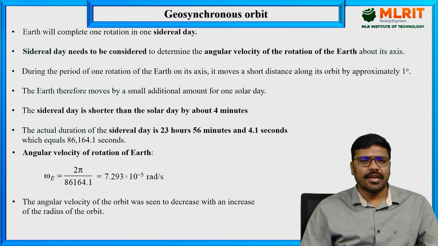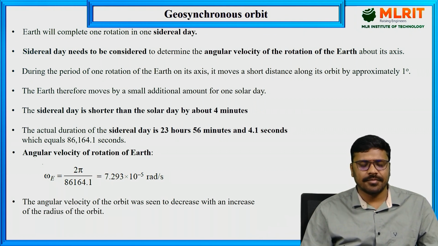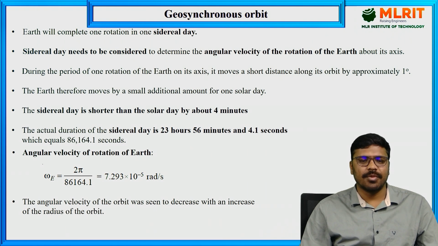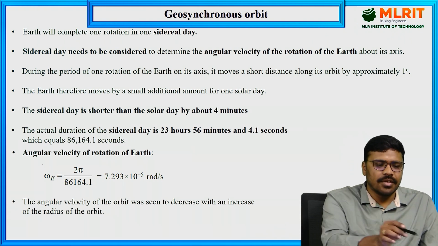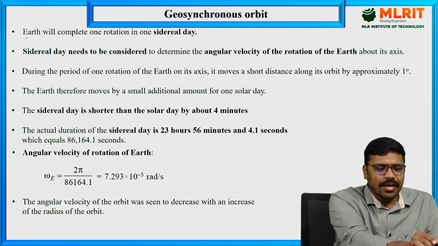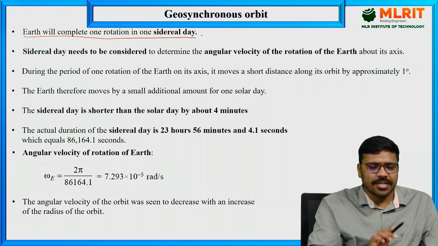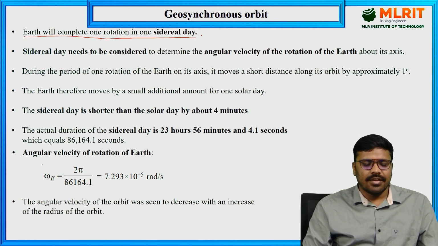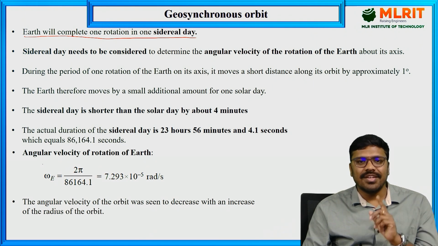How do we calculate the angular velocity that needs to be maintained in a geosynchronous orbit, and what is the altitude of the geosynchronous orbit? Let us discuss now. Earth will complete one rotation in one sidereal day.